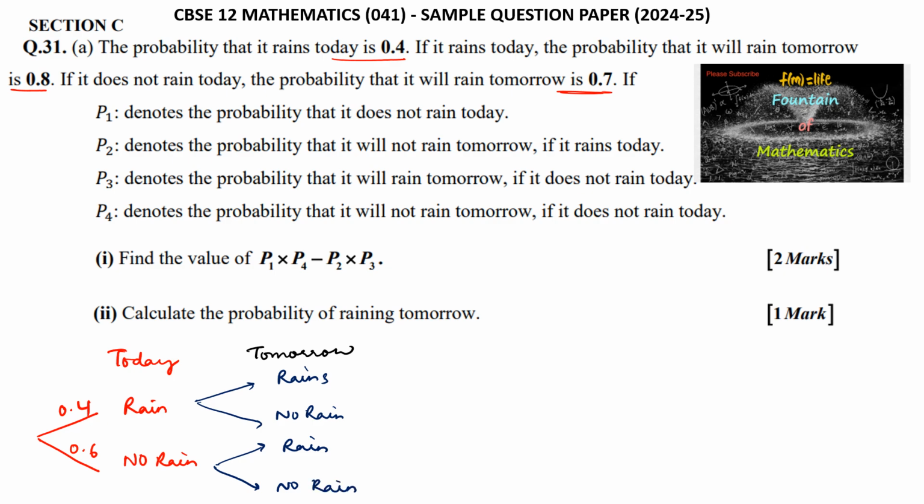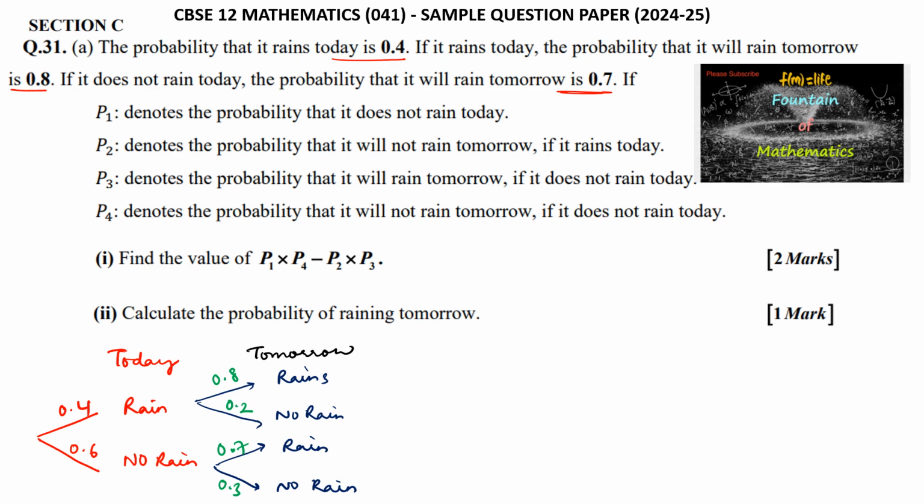It's mentioned that if it does not rain today, the probability that it will rain tomorrow is 0.7. So here is 0.7. Then no rain will be 0.3. And if it rains today, the probability that it will rain tomorrow is 0.8. So here is 0.8. Then no rain is 0.2.